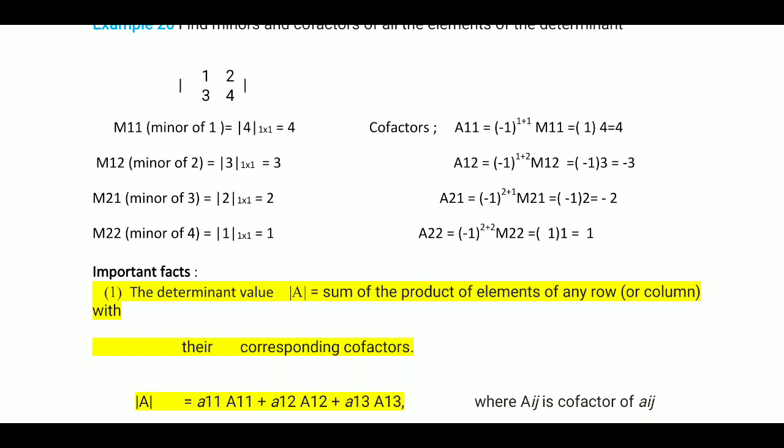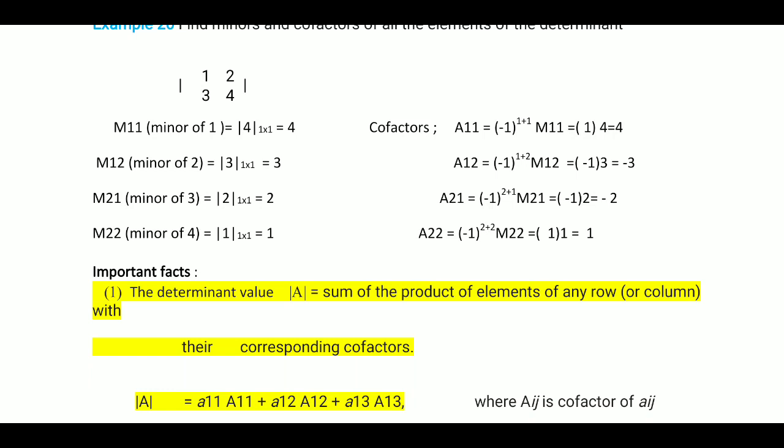Now cofactor A12 means the cofactor of the first row and second column element. So this is equal to minus 1 power 1 plus 2 into minor M12. So minus 1 power 3, that is minus 1, and M12 is already 3. So the result is minus 3.